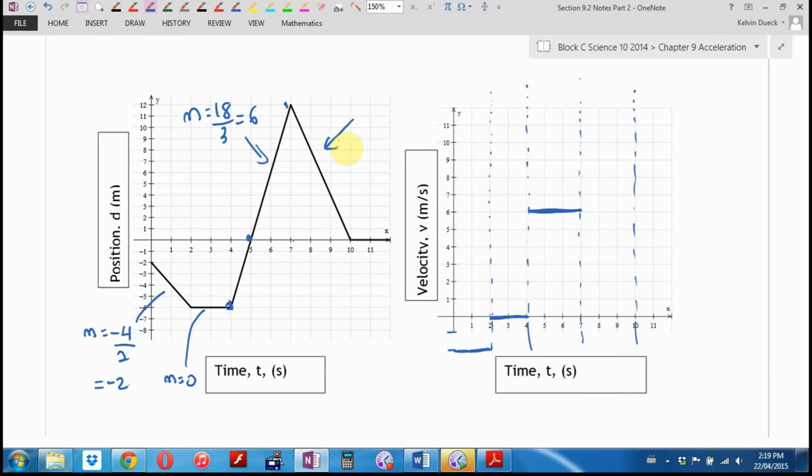This slope here, negative or positive? Yep. What's the rise? I start how high? I end how high? What's the rise? Yeah, negative, but we already put the negative in. What's the run?